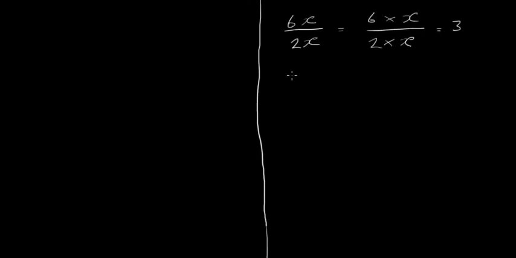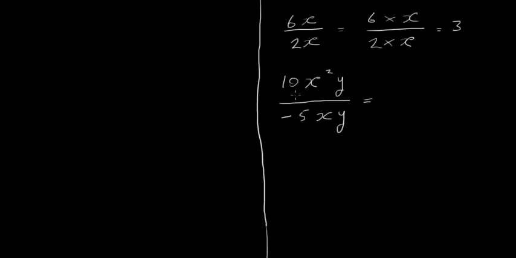Let's try another one. Let's take 10x squared y, divide that by, let's say, minus 5xy. So this is a more complicated one. Now, in this case, you do what we did earlier when we were multiplying something like this.